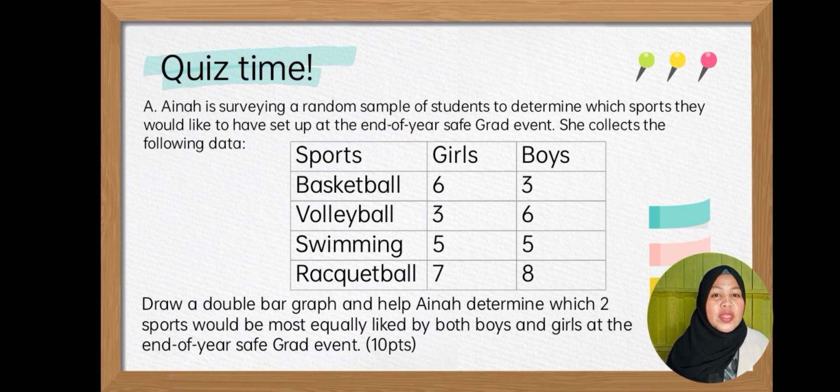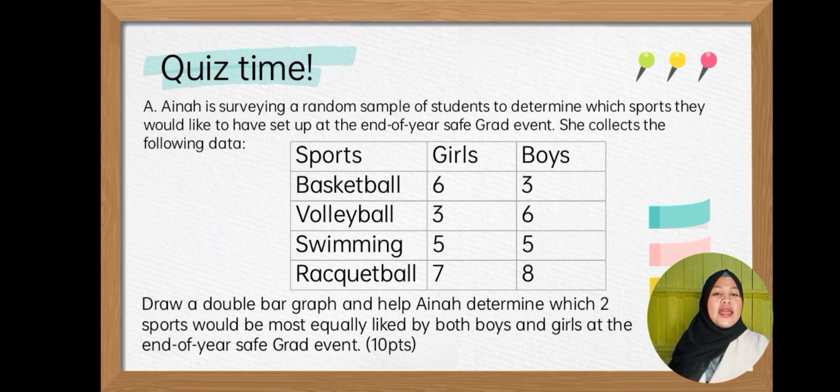Yan yung data. Ang gagawin nyo is draw a double bar graph and help Aina determine which sports would be most equally liked by both girls and boys at the end of the year safe grad events. Naintindihan ba? Gagawa kayo ng double bar graph, then identify nyo kung saan dyan yung most likely equal.